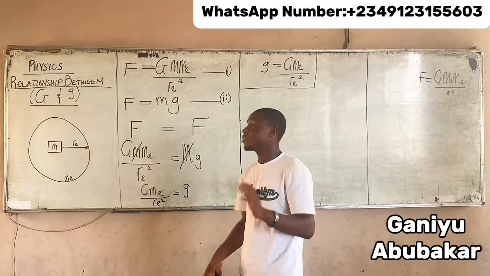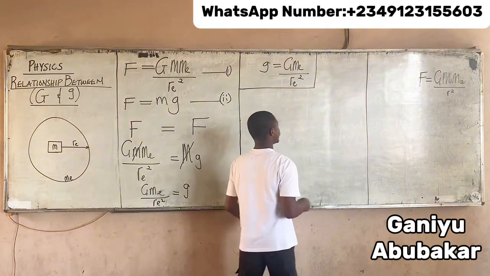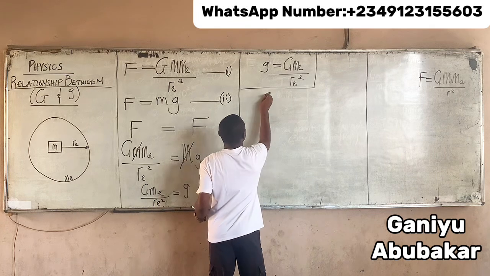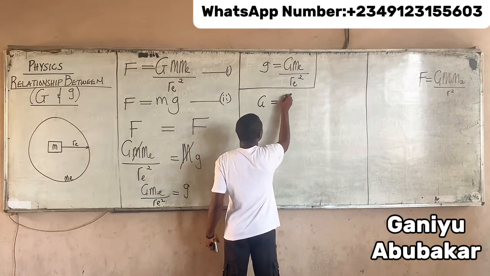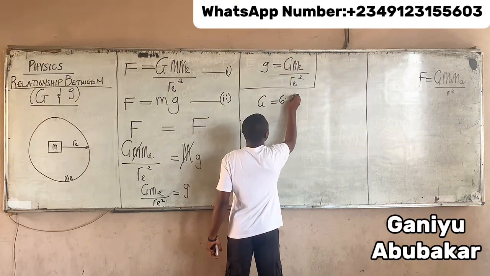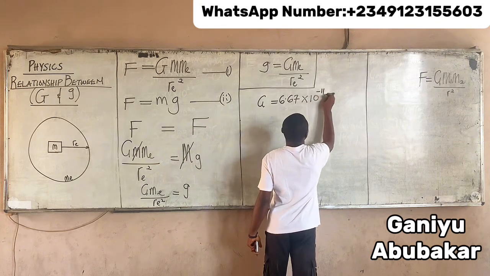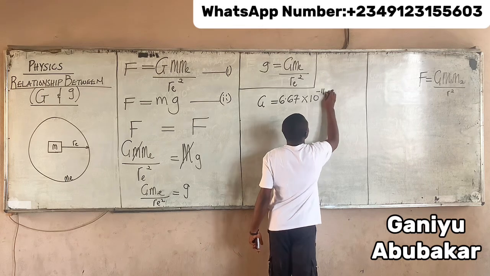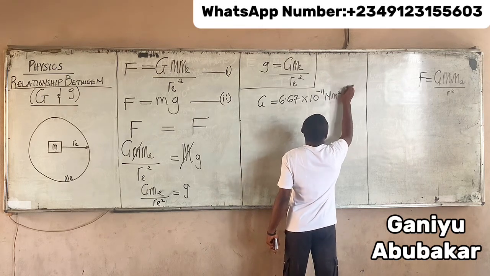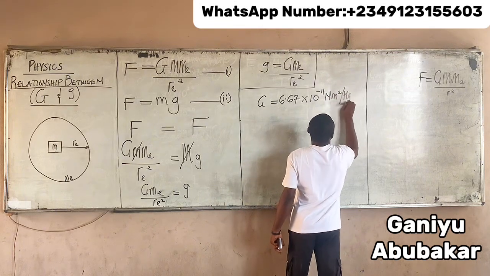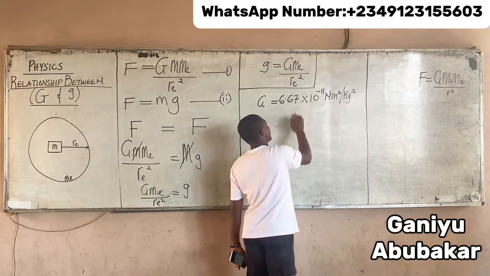Let's do the proof, please, to prove why capital G is equal to 6.67 times 10 to the power minus 11 Newton meter squared per kilogram squared.